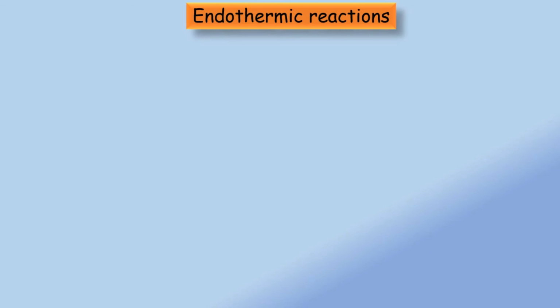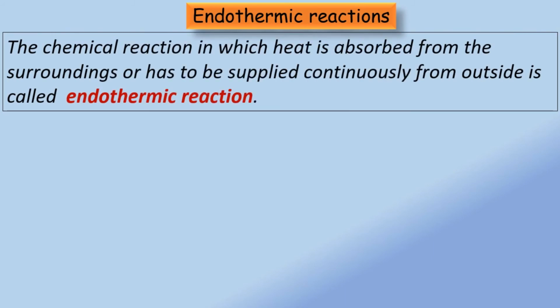We have learned endothermic and exothermic processes. Now let us learn endothermic reactions. The chemical reaction in which heat is absorbed from the surrounding or has to be supplied continuously from outside is called endothermic reaction.